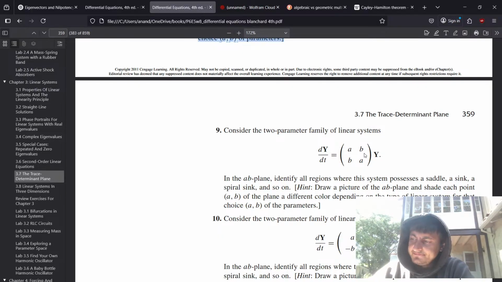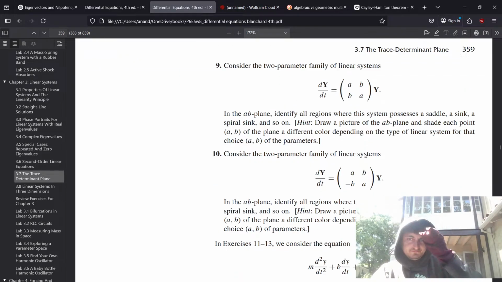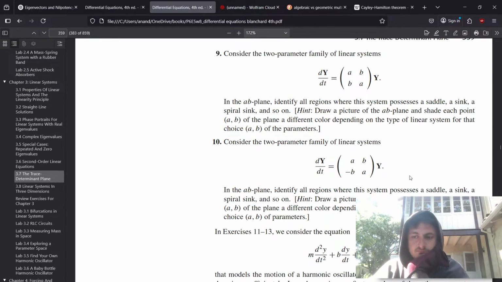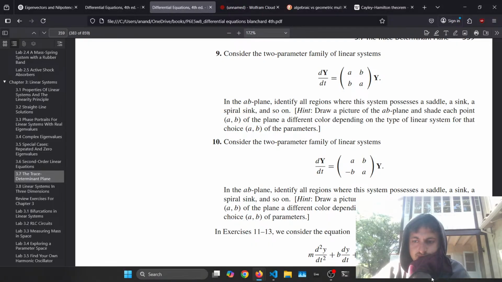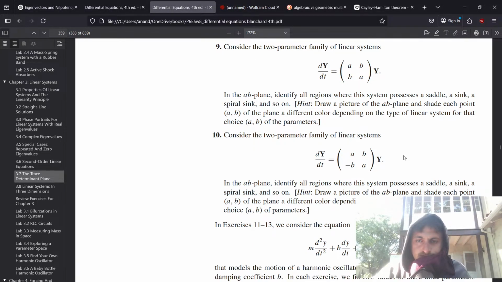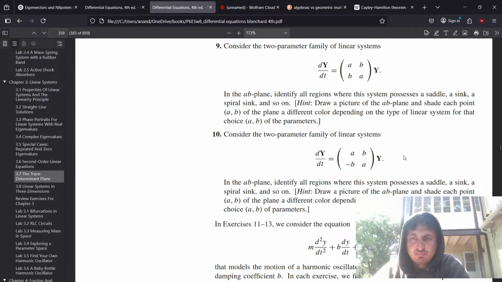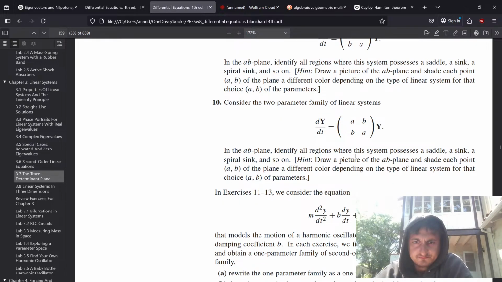All right, we'll do 9. Consider the 2-parameter family of linear systems. So this one's going to be a squared plus b squared for the determinant, and 2a for the trace. I can definitely see one of these problems on our quiz.